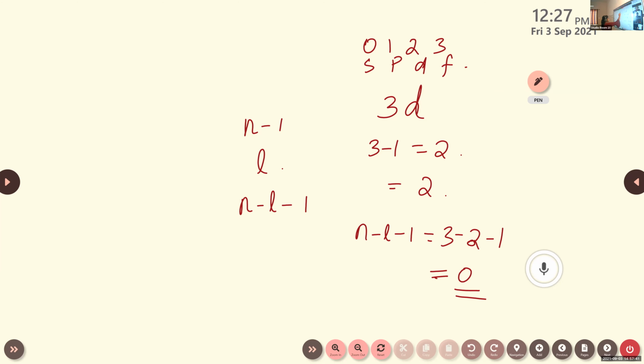3.3. Modern periodic law and the present form of the periodic table. So here you have to learn the modern periodic law. It's very important. What is the modern periodic law?